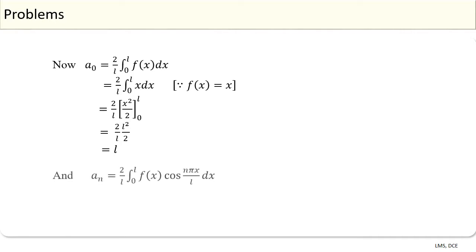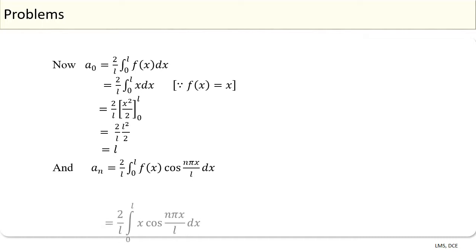We know that an is equal to 2 by l of integral 0 to l f of x into cos of n pi x by l into dx. Since f of x is equal to x, therefore we have an is equal to 2 by l of integral 0 to l x into cos of n pi x by l into dx.